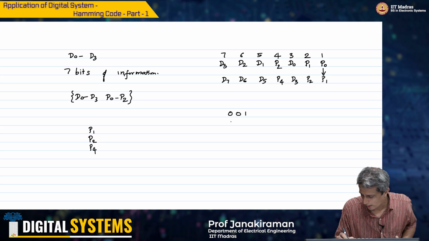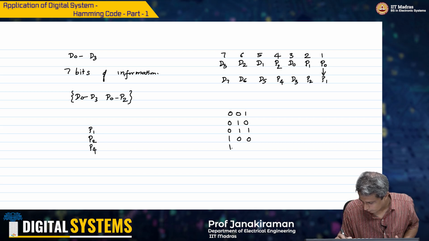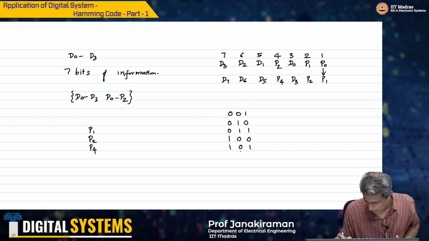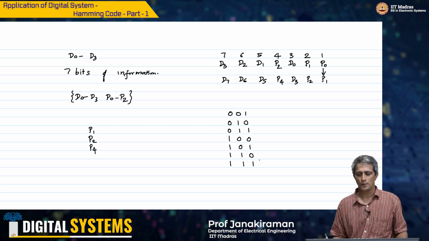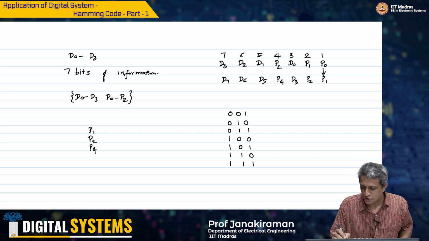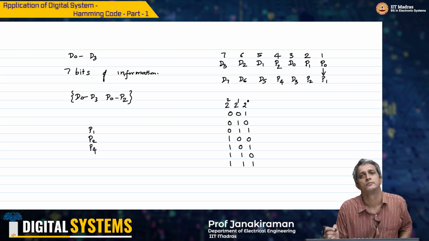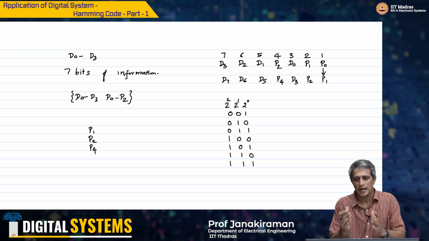0, 0, 1, 0, 1, 0, 0, 1, 1, 1, 0, 0, 1, 0, 1, 1, 1, 0 and 1, 1, 1. Now, all you have to do is look at this: 2 power 0, 2 power 1, 2 power 2. That's how the binary addition happens.